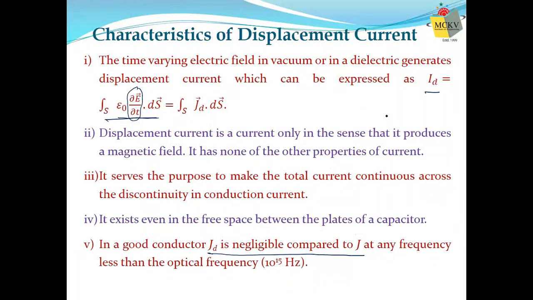In brief, what we have learned here is, first, Ampere's law, which is used to estimate the magnitude and direction of any magnetic field at any point near a current carrying conductor, is not always consistent.